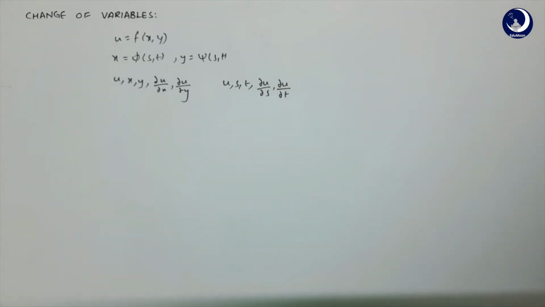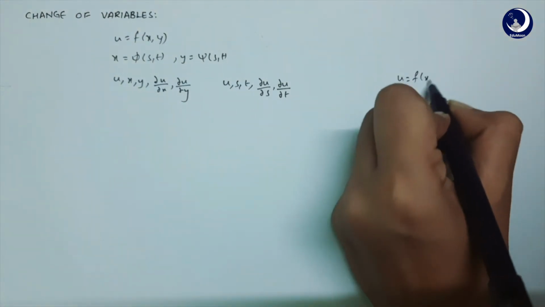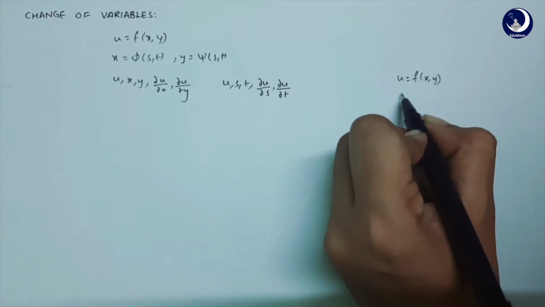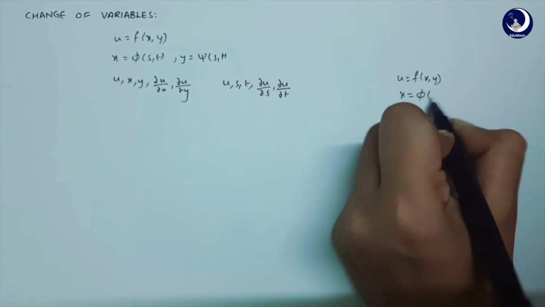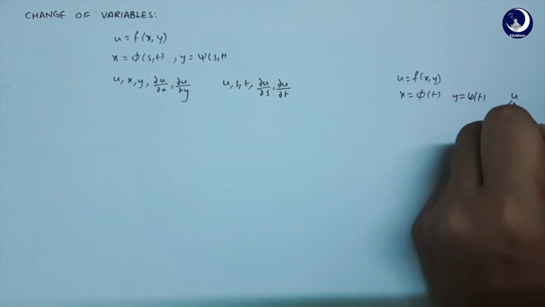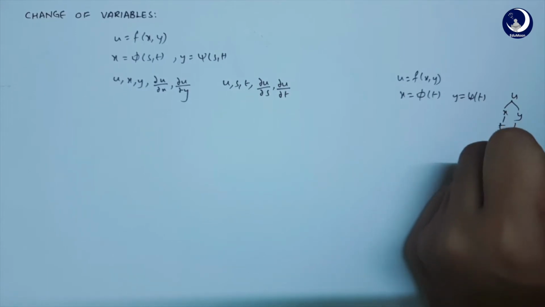So before I tell you how we get this formula, let's recap a little bit of what we learned in total derivatives. In total derivatives, we learned that, let's say, they give us a function u equals f of x comma y, where x is a function of t and y is a function of t. First, using the dependency graph, we get that u depends on x and y, and x depends on t, and y also depends on t.